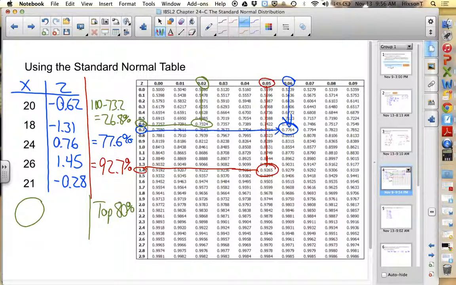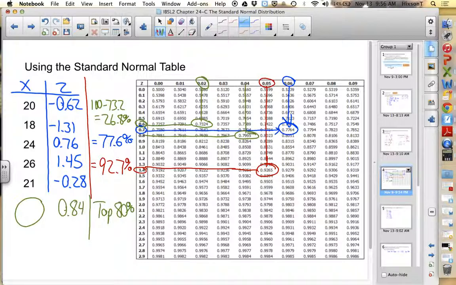That means I'm in the 80th percentile, or my score is at or above 80% of the rest of the people. Well, I would come over here and find 0.8. 0.84, that's the closest. So we would say 0.84 is going to be our z.